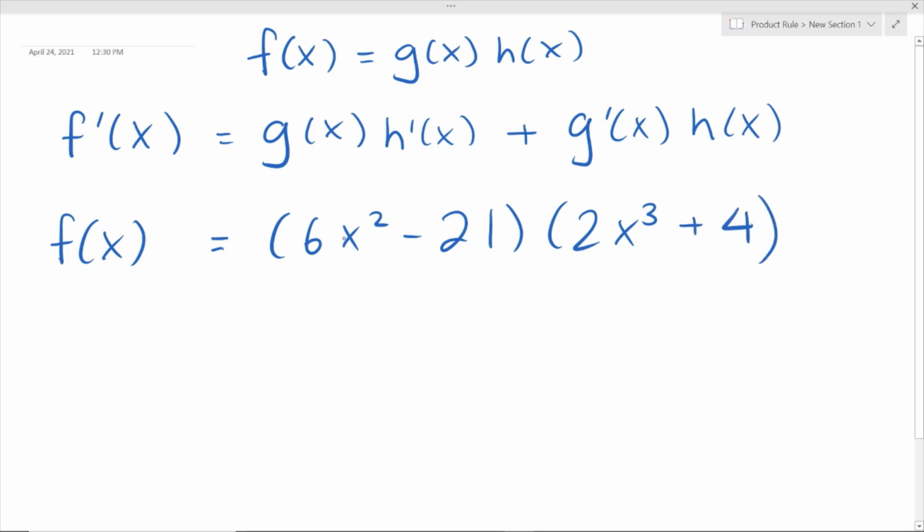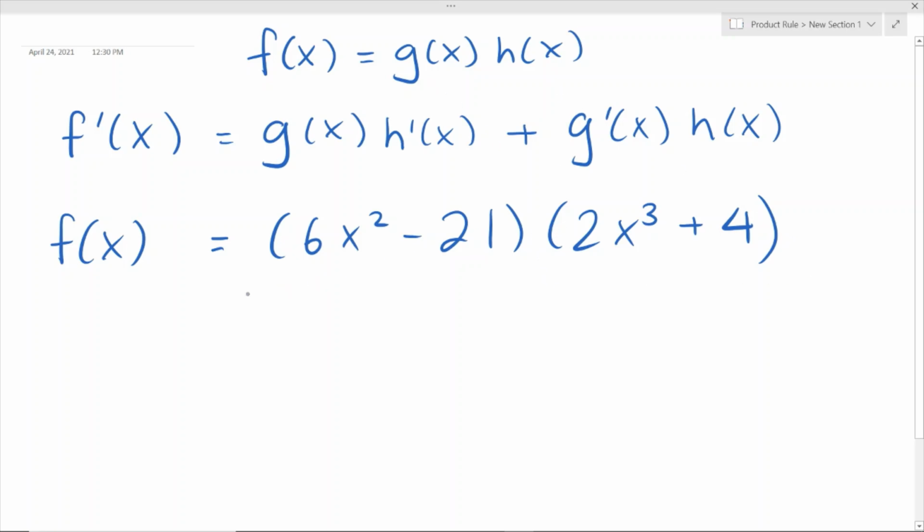When I first learned the product rule, I found it very helpful to let one part be a function g of x and let the other part be a function called h of x.